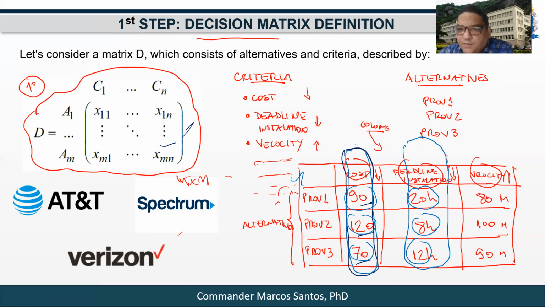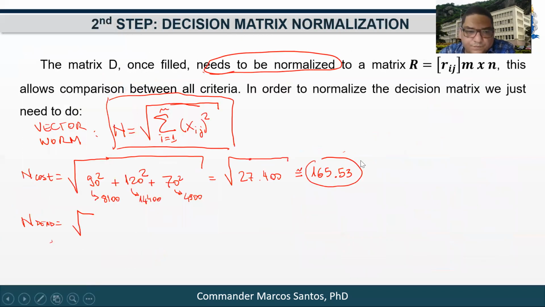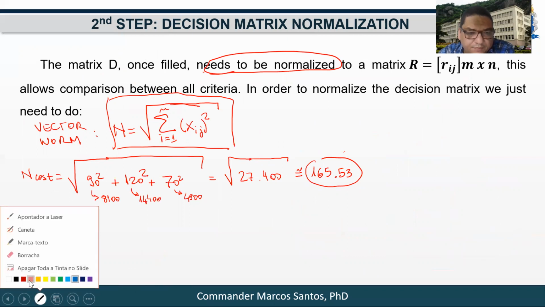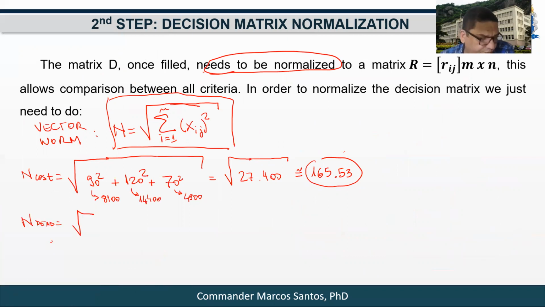Very easy, very simple. So let's calculate: 400, 64, 144.